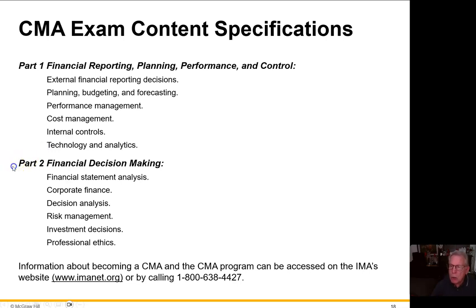In Part 2, financial decision making, we have financial statement analysis, corporate finance, decision analysis, risk management, investment decisions, and of course, professional ethics. Information can be obtained on becoming a CMA and the CMA program through the IMA's website, www.imanet.org, or by calling 1-800-638-4427.